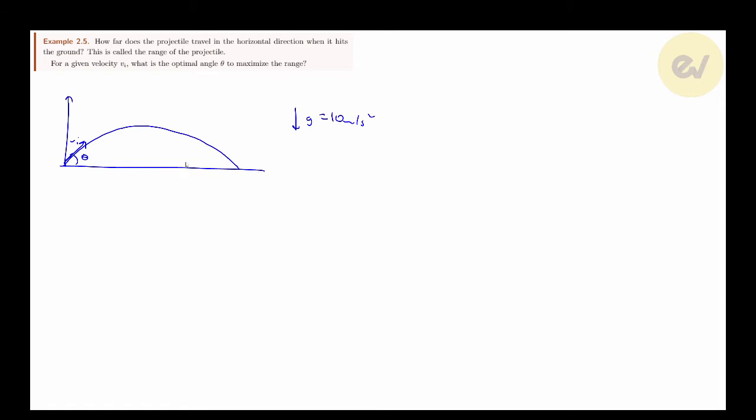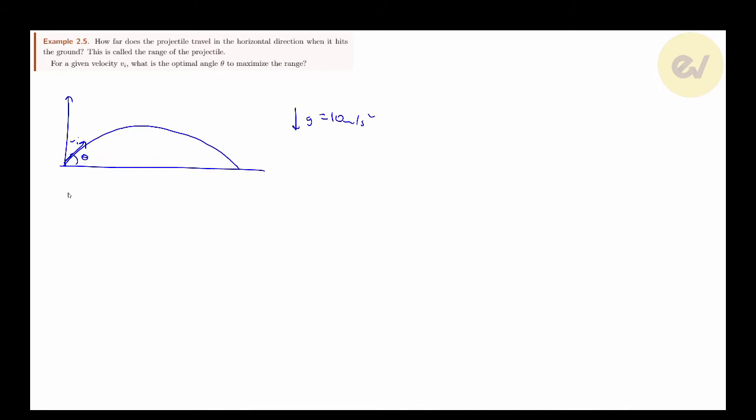Well, again, we can use our kinematics equations for this. First, it would be nice to find the time the projectile is in the air, because we know horizontal velocity is constant since there's only a vertical acceleration. And since horizontal velocity is constant, we can calculate the range by doing horizontal velocity times time in the air.